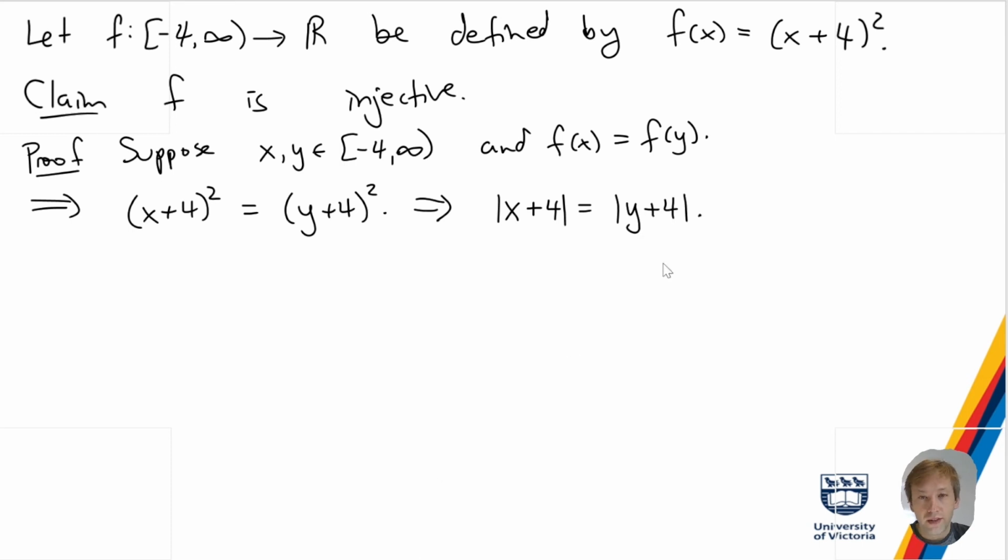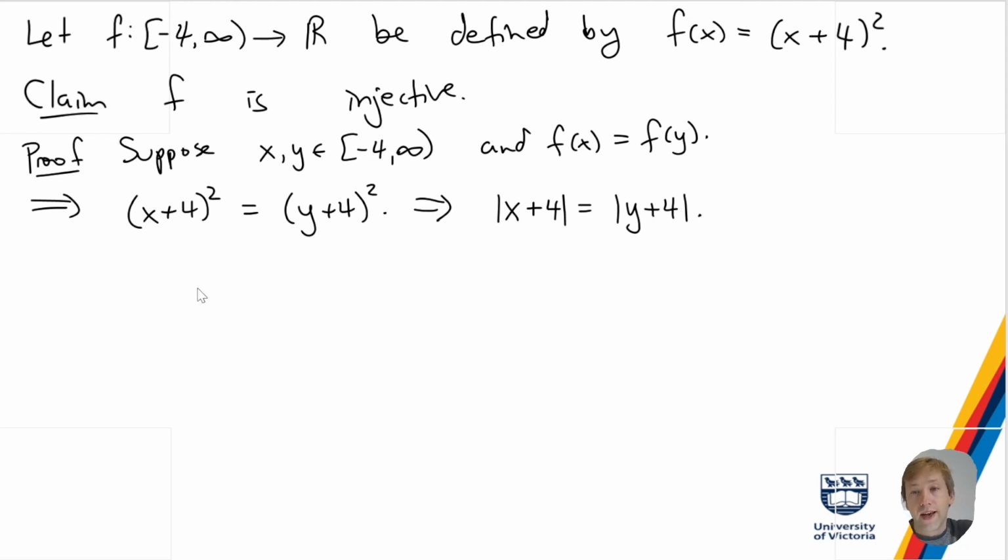Now here's where the domain comes in. Everything I've written so far would have been true even if I had the domain being all real numbers, like we had before when it wasn't injective. But now the difference is that the domain is only numbers which are at least as big as -4.